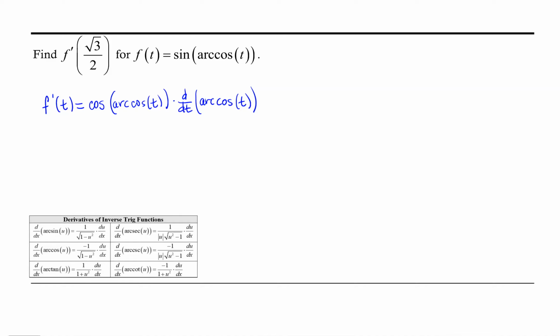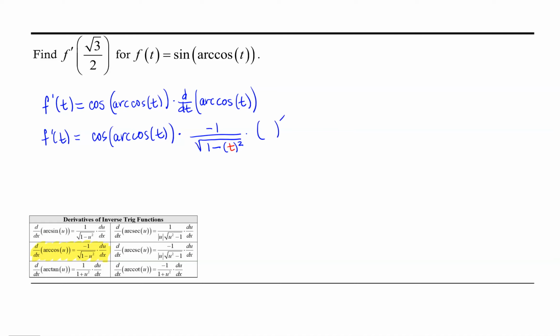Well, we need to use the information we have about the derivative of the arc cosine of t from our table. And so we're going to say that the derivative of f is cosine of arc cosine of t times, now the derivative of arc cosine is -1 over the square root of 1 minus the argument squared times the derivative of the argument.